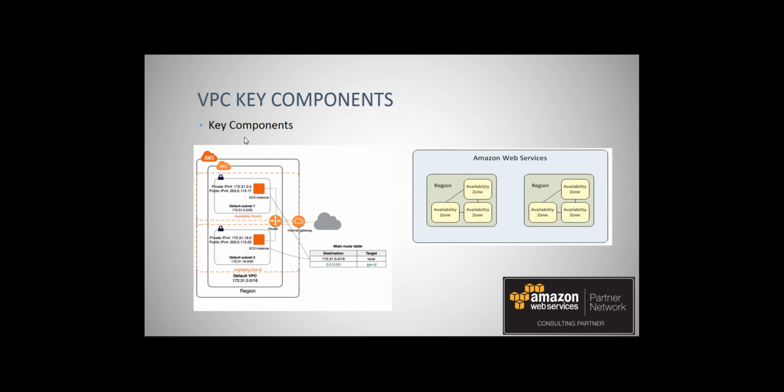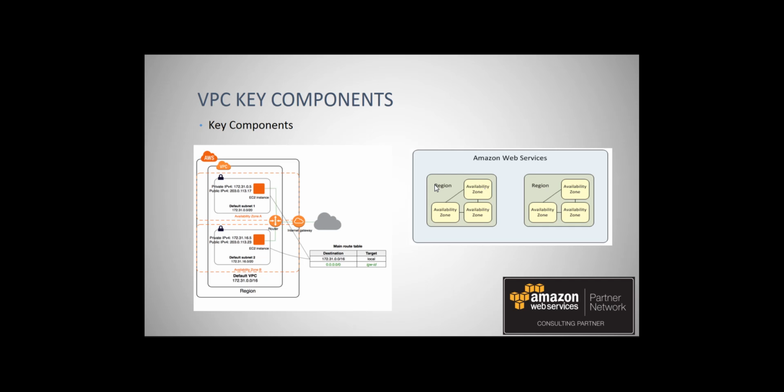So let's talk about some of the components, because one of the things that I have traditionally found is confusion around terminology with Amazon. A lot of folks do get confused with the terminology at first. So with AWS, you have a region. And a region is nothing more than a geography. So is it North America?